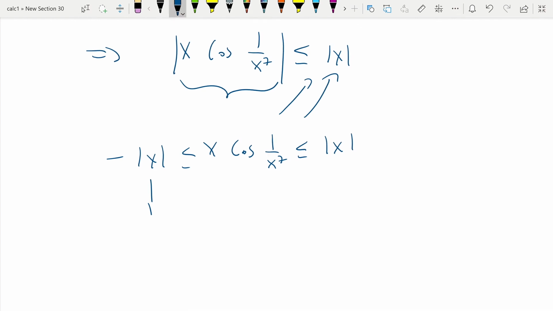This goes to 0, and this goes to 0 as well, as x goes to 0. And so by the squeeze theorem, this goes to 0 as well. So it is the same thing.